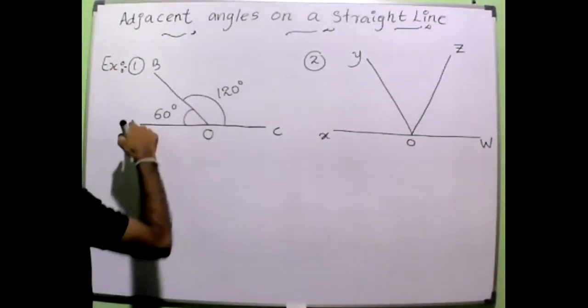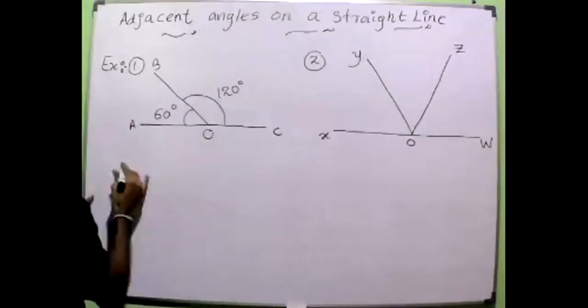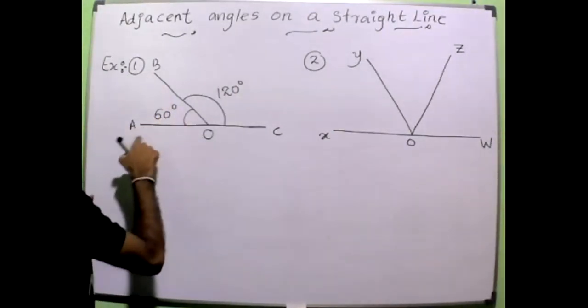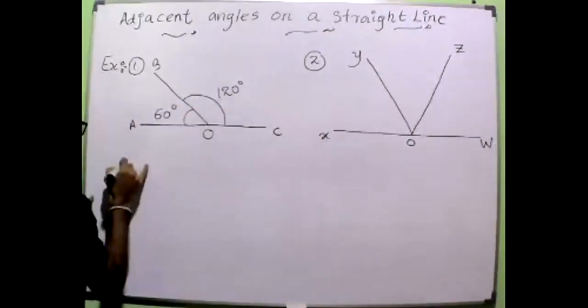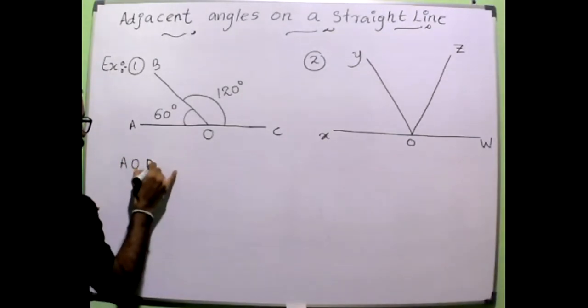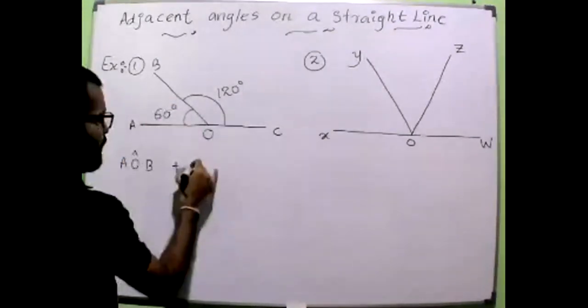Now I am going to add, as we did last week. I am going to add AOB and BOC together. So let's see what we can obtain. AOB angle plus BOC angle.